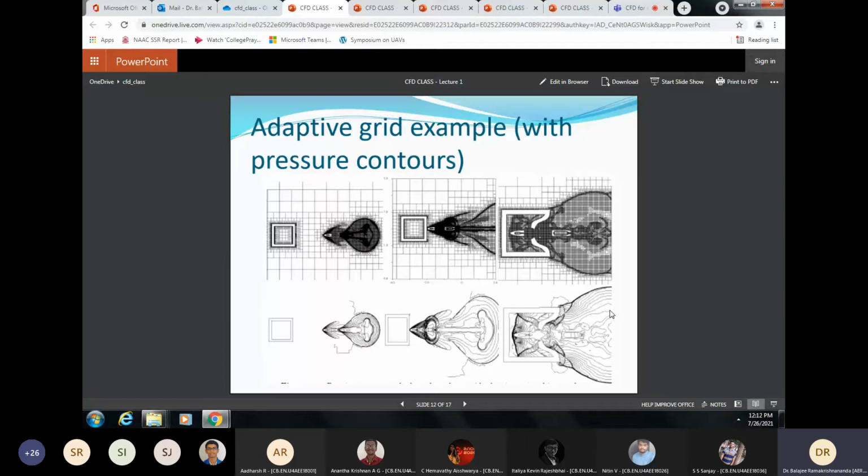Here, the flow is moving. When the flow is moving, according to time, you get the solution and you adapt the grid. Sometimes you do steady state calculations, meaning that you're interested only in the final steady state. You are not interested in how the flow is evolving. In such calculations, still you go through iterations starting from an initial assumption.